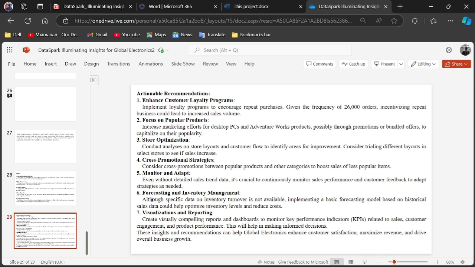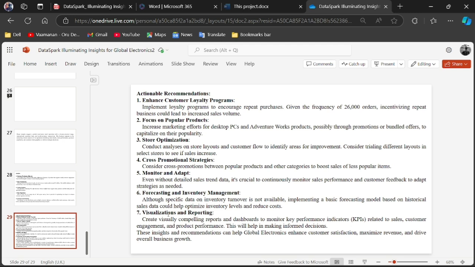So we need to have an inventory and manage it properly, so we can easily come and go. Although the specific data on inventory turnover is not available, implementing a basic forecasting model based on historical sales data could help optimize inventory.